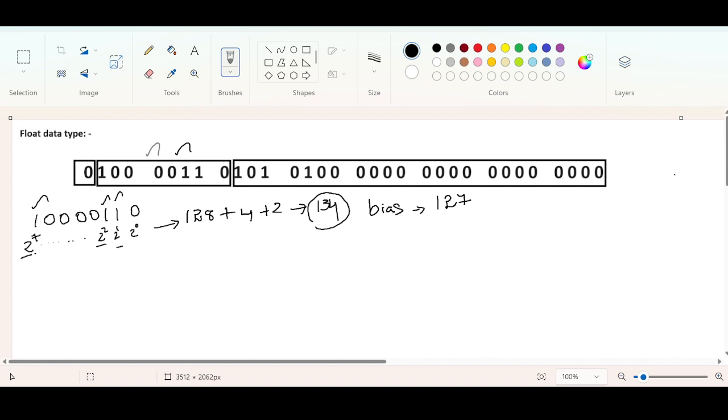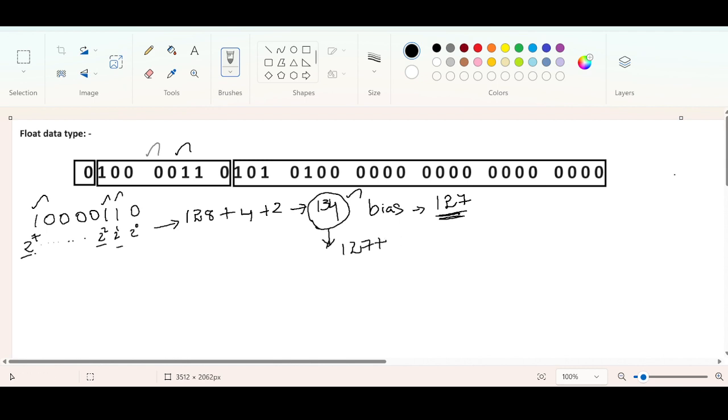Yesterday we used this bias: if the exponent value is a positive number, we did addition; if it were a negative number, we did subtraction. So internally, the bias component is also there inside this number. When you say 134, 134 is nothing but 127 plus some number. Let us say that number is x, the actual exponent value.